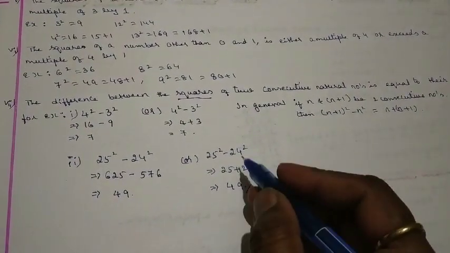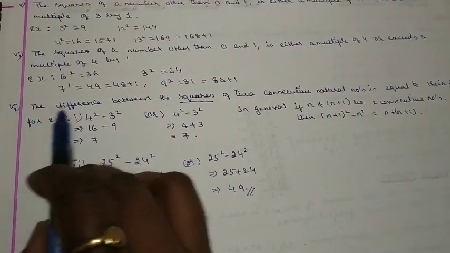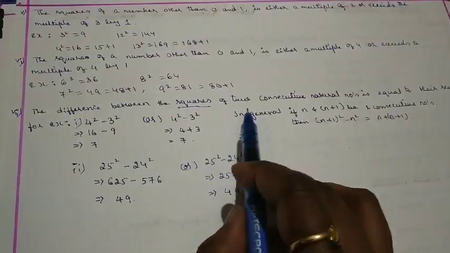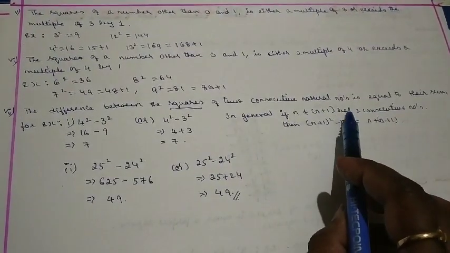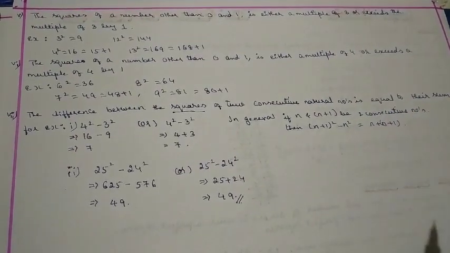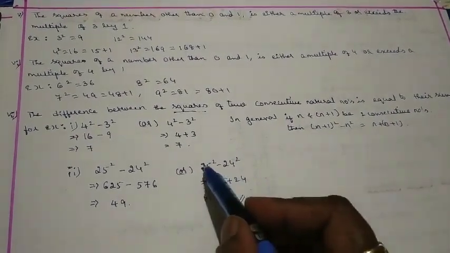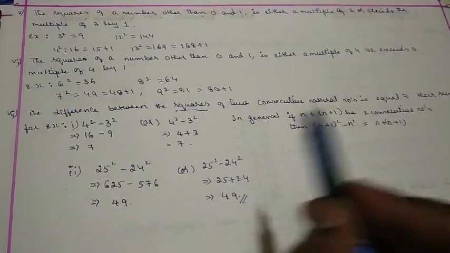Is it not simple? Yes, remember the difference between the squares of two consecutive natural numbers is equal to their sum, in the sense of addition of their bases.